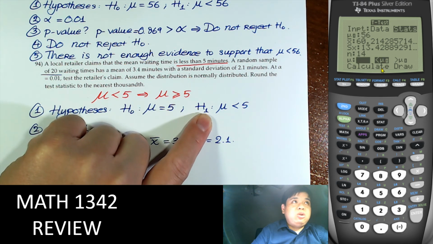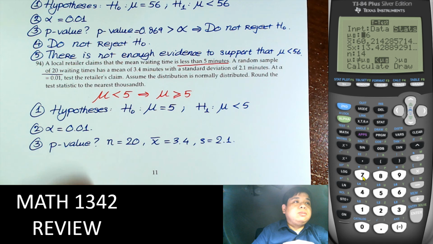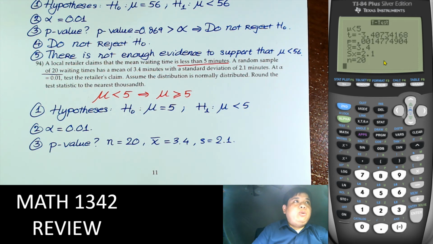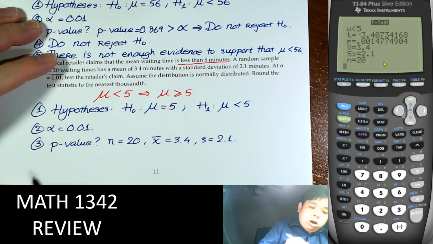This is less than, so less than 5, the mean 3.4, standard deviation 2.1, and n is 20. So we calculate, and we have p as 0.001.